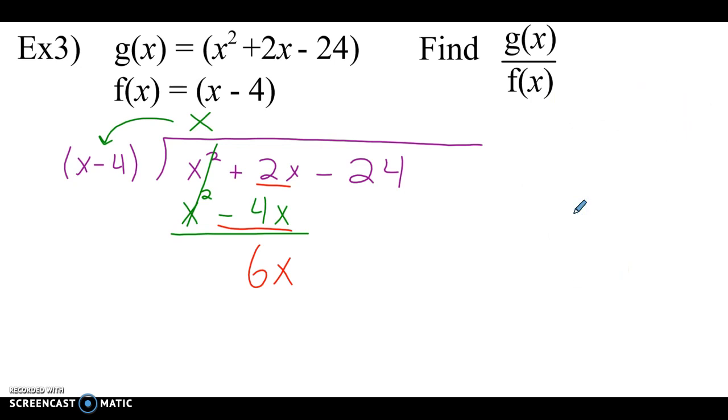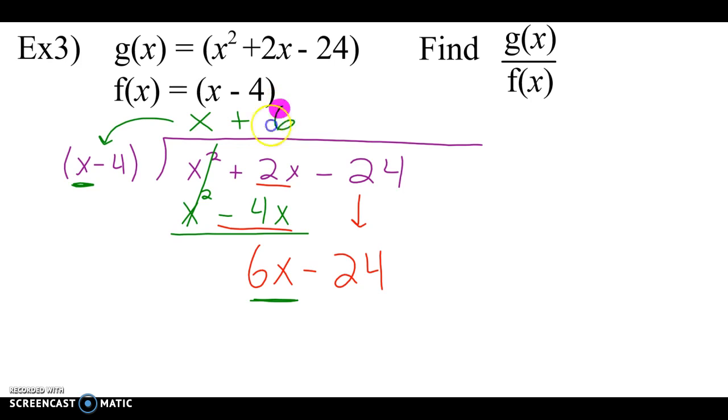Okay? And then we brought the next one down. And then we do it one more time. What do I need to multiply the first thing by to get the first thing? 6. And it's a polynomial, so you have to put a sign. That's the main difference there. So plus 6, it's a positive 6.